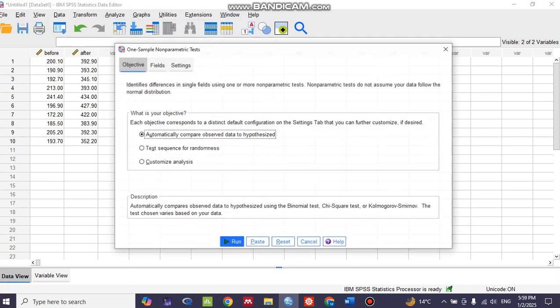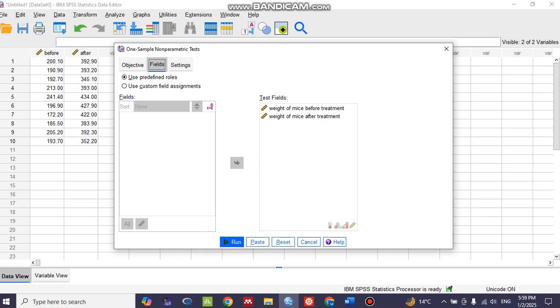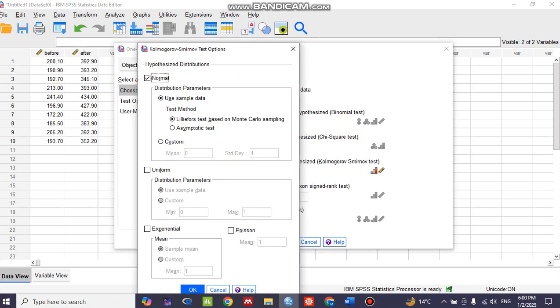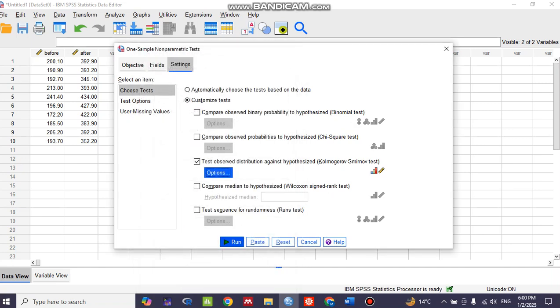One sample, and in the fields I will shift both the variables to the test field here, and in the settings I will go for customize test, and then I apply test observed distribution against hypothesized, that is Kolmogorov-Smirnov test, and in the options you can specify which distribution you are going to test. So here our purpose is to test the normality. So I have chosen normal and then I press run.